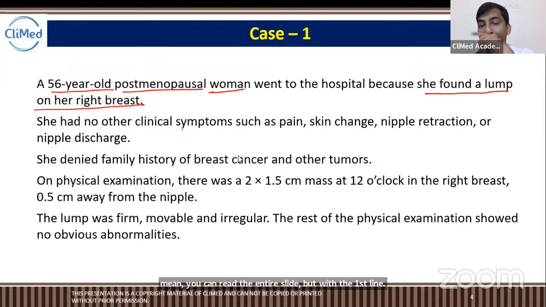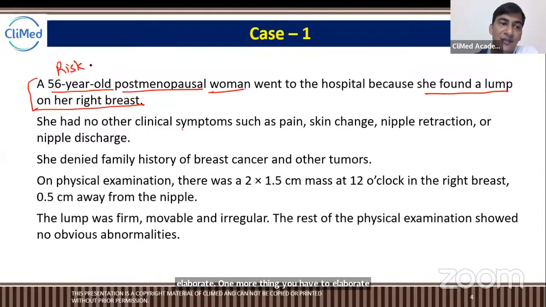Yes, tell me. Anyone? Breast cancer. Okay, breast cancer tumor. Let's stick to breast cancer. With the first line only you understood the things, but one more thing you have to elaborate.